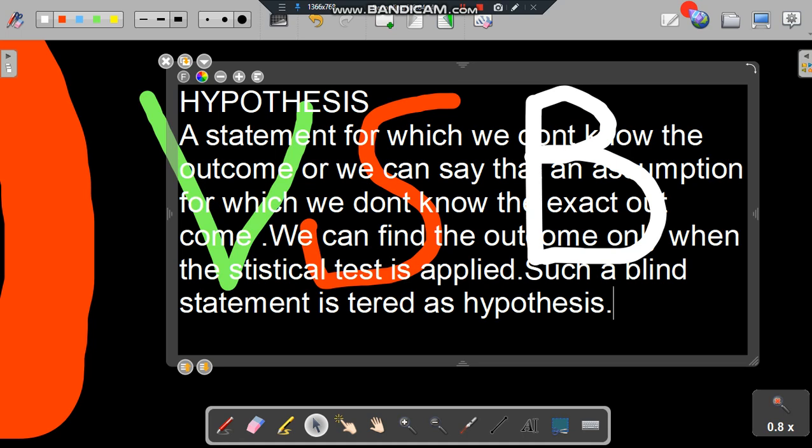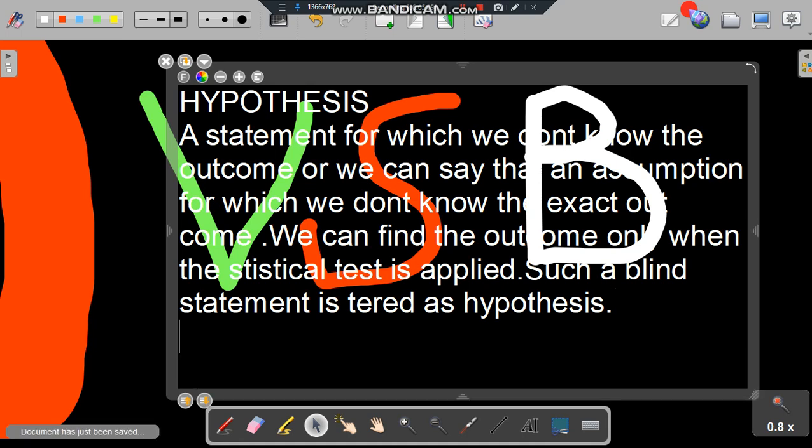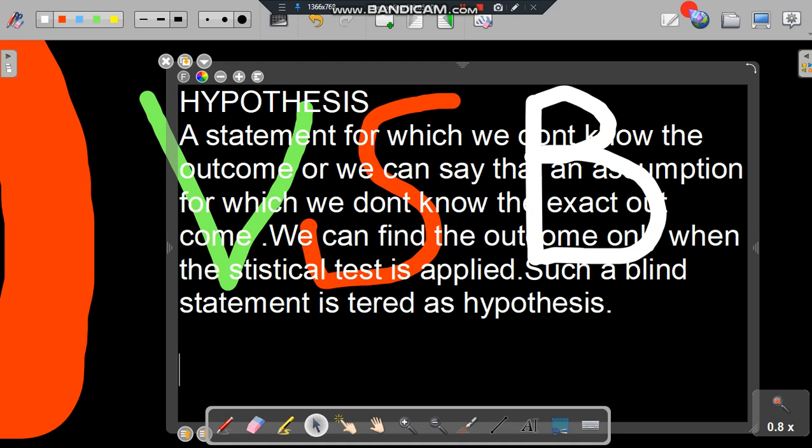Take for example, I say that the donkey flies. So this is a blind statement. We cannot predict the future. Am I correct? It may be true or false.